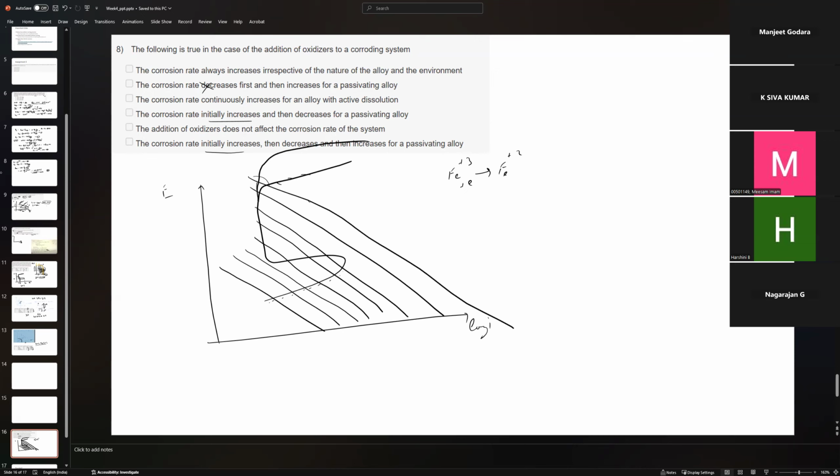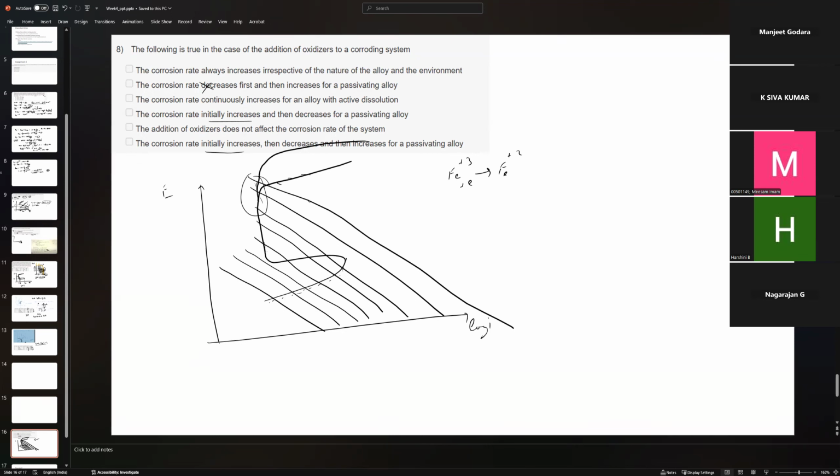Now it wouldn't change. So this is decreasing from this value. So it first increases, then it decreases suddenly to this value.